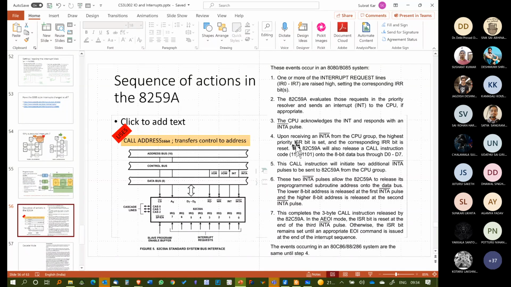The moment I do this, the 8259, the PIC, will release a call instruction, right? Now, actually speaking, it could have released any instruction. At that point, whatever is released onto the data bus, the CPU doesn't actually know.